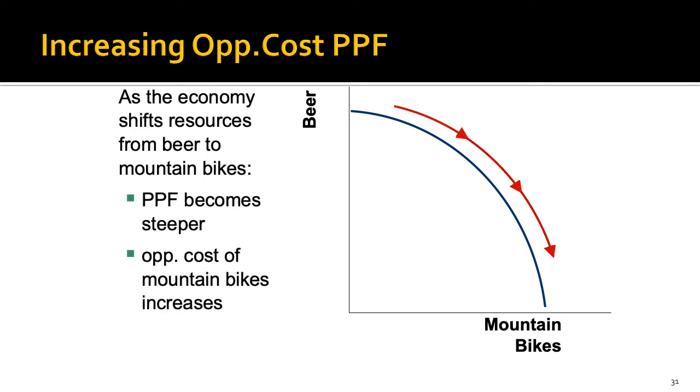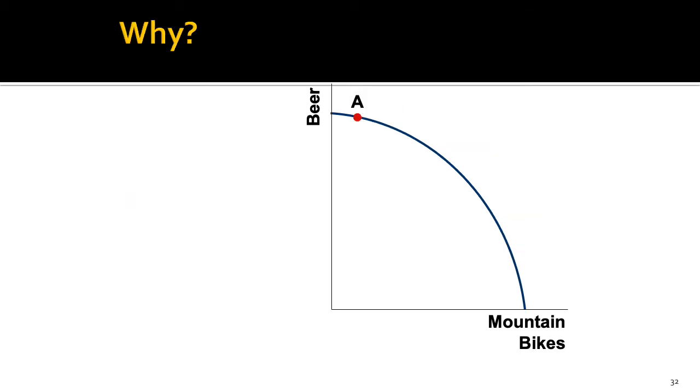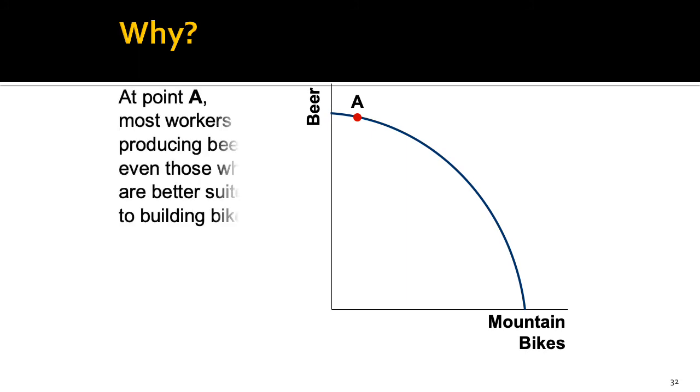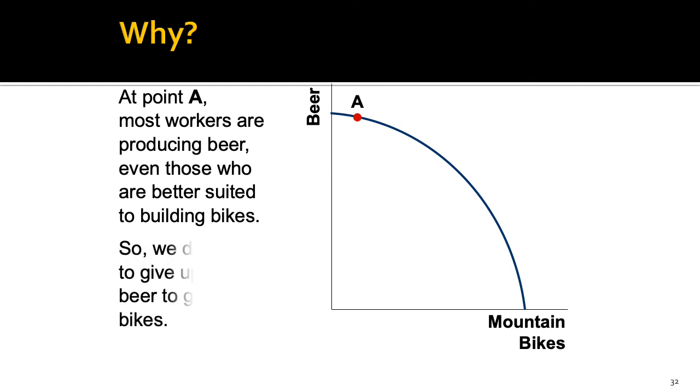And as you notice what's happening here, if you take the different slopes at different points along this PPF, you'll notice that the slope is getting steeper and steeper, implying that the opportunity cost for bikes is increasing. So again, if we started at a point like A and we decided to build more mountain bikes, initially most workers are producing beer, even the ones better suited for bikes.